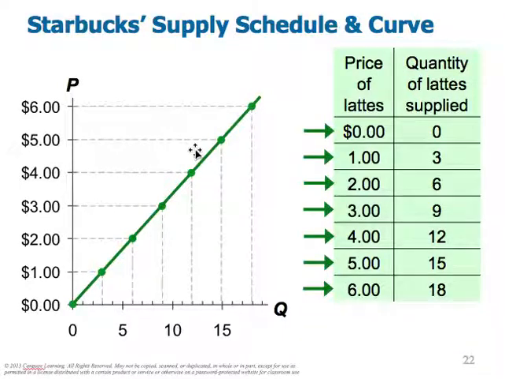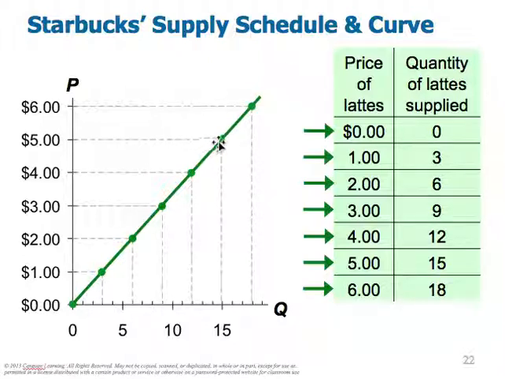As you can see, it's an upward sloping curve, which tells you that there is a positive relationship between price and quantity supplied. If you take a single point right here, this point gives you quantity supplied, which is equal to 6. But this whole thing is supply.